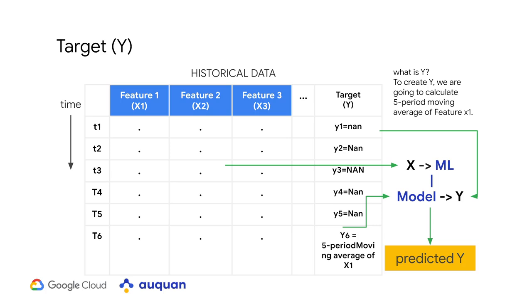Finally, we use this model to make predictions on new data where Y is unknown. To create Y, we need to create an average of the first 5 basis values, which is a feature, let's say X1, and put it into the cell called Y6. Similarly, we will compute an average of the next 5 basis values and put it into Y7, etc.